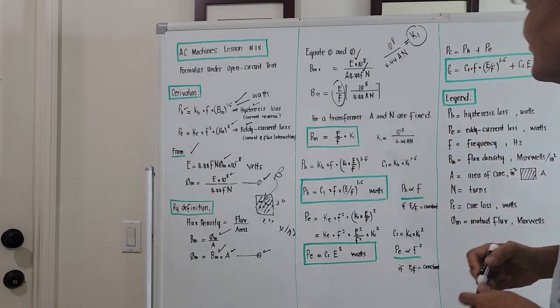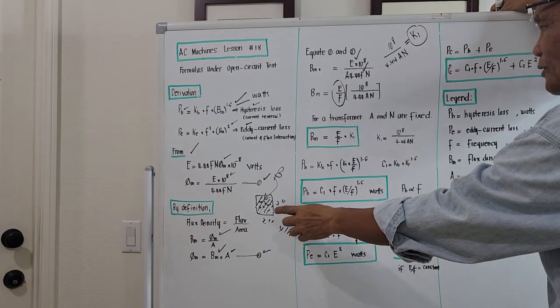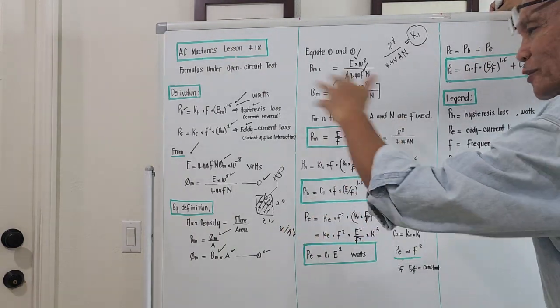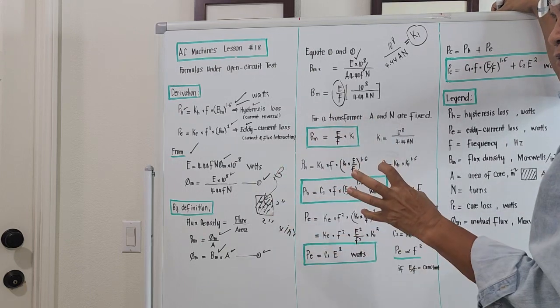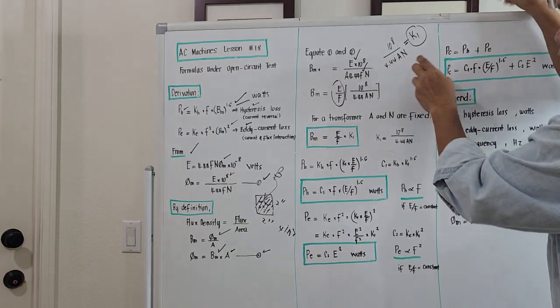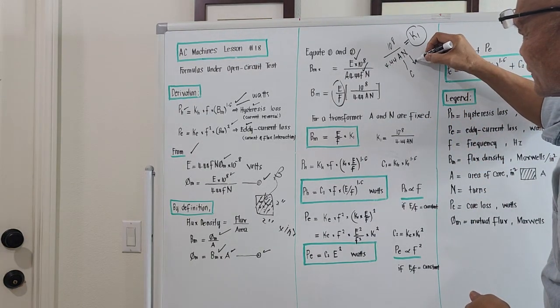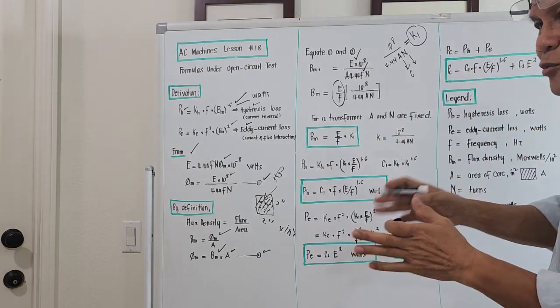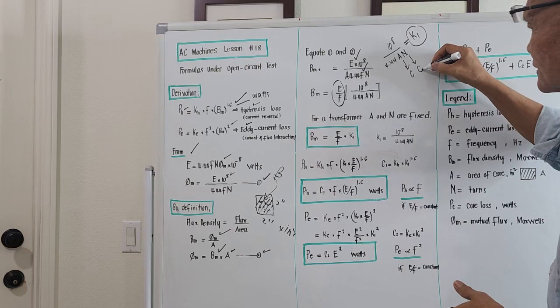Why K1? The area of the core, if it's already designed and constructed, will be constant. And the number of turns, if the transformer is done, you could not vary it anymore, so this is still a constant.